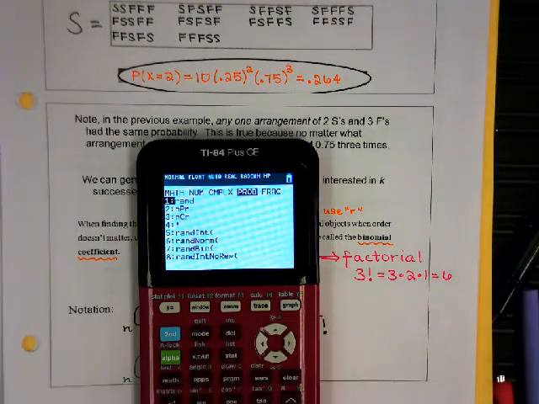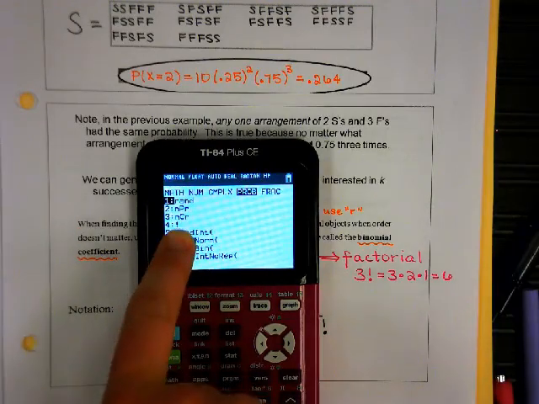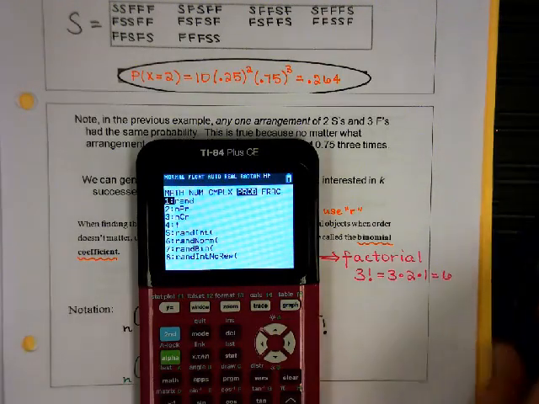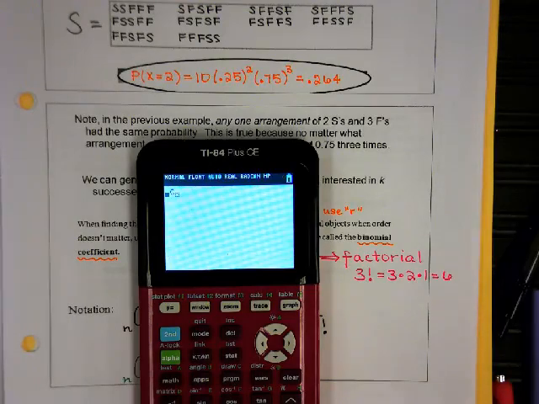You want nCr, not nPr. nCr, so number 3. I'm going to show it on the newer calculator first. The older calculator has to be typed in slightly different. So if you're working with a newer calculator, you can go in and choose this, and it opens up little subscripts for you. So I had 5 kids, and I wanted 2 successes, and then I hit enter, and I get 10, which is what I got when I made the list.